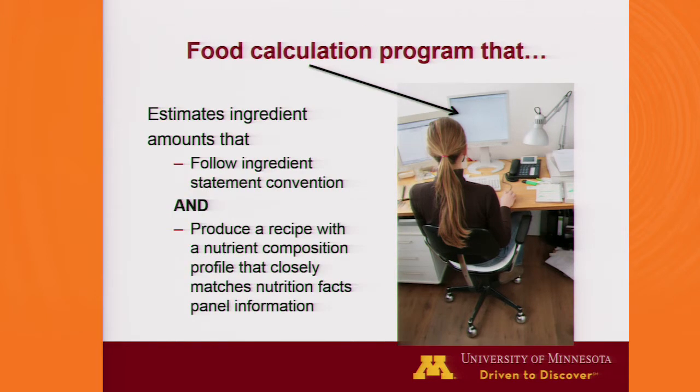And then we have a food calculation program that estimates ingredient amounts that follow the ingredient statement constraints and produce a recipe with a nutrient composition profile that closely matches the nutrition facts panel information. We also have a very experienced team of nutrition database scientists who use the program as well as their judgment and knowledge to resolve missing nutrients.